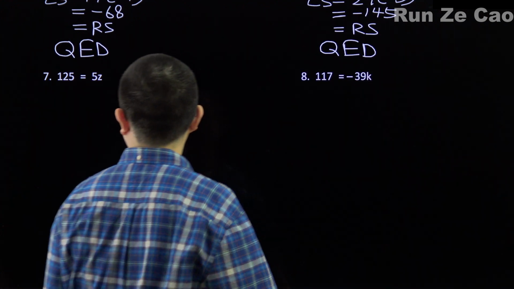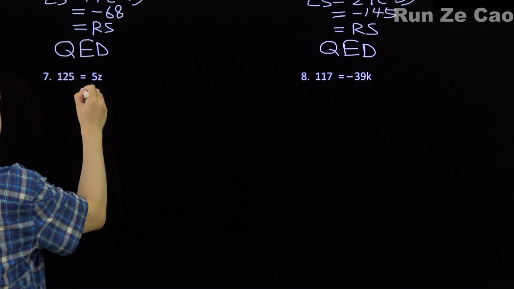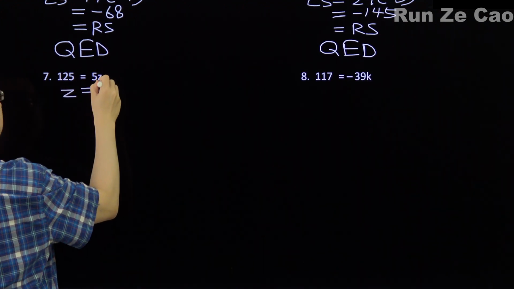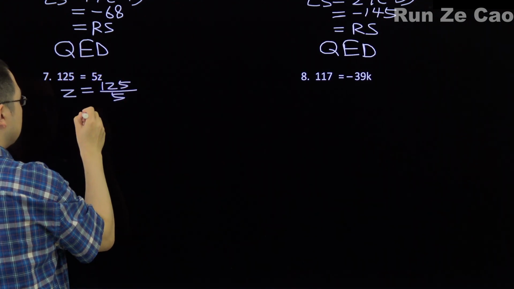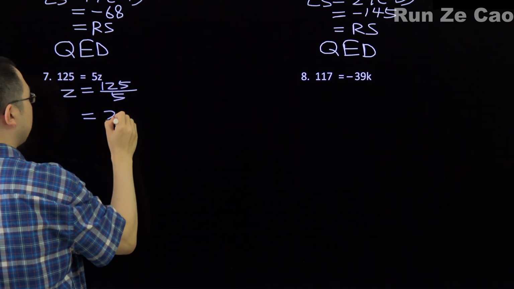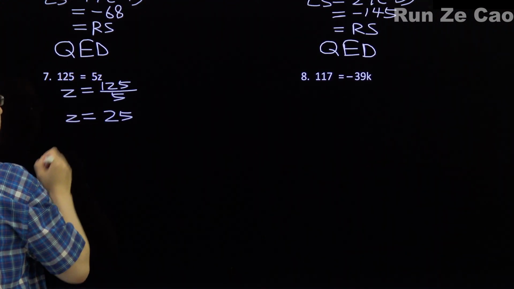Okay, so let's say 125 is equal to 5z. Well, z is equal to 125 over 5, which means it's equal to 25. Z is equal to 25.